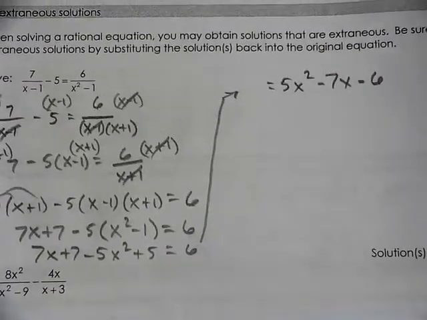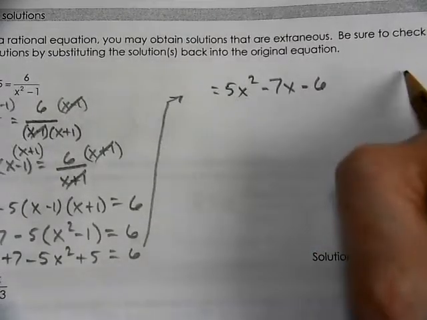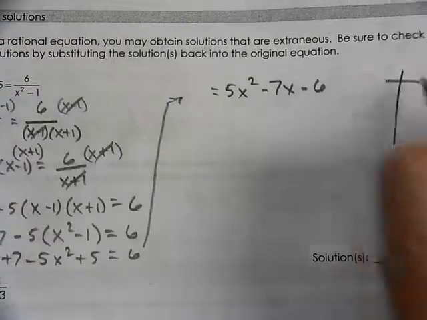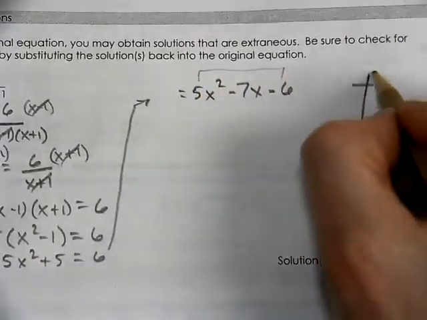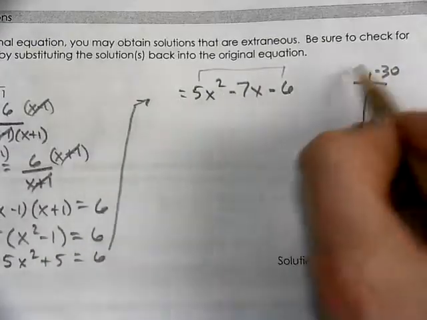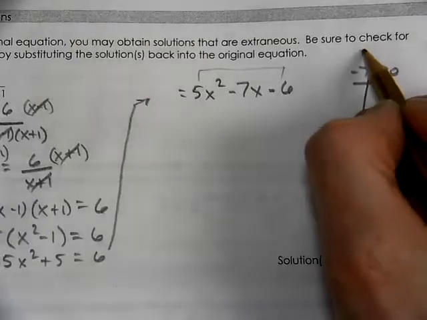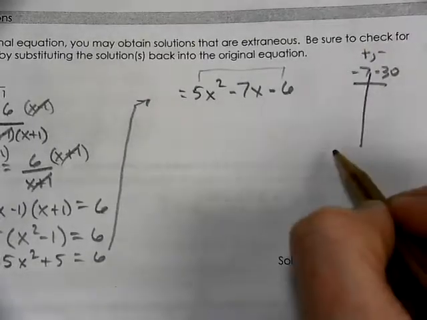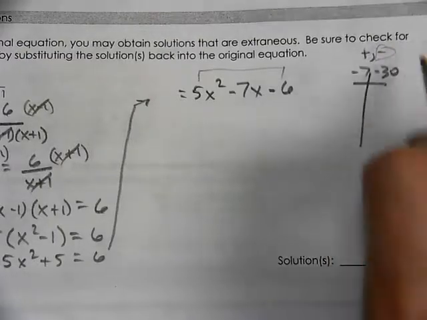Now I'm left with this quadratic that I need to factor. We like to factor using a sum and product table. What multiplies to be negative 30 and adds to be negative 7? We know that the signs have to be different to multiply to be negative 30, and the largest one has to be negative.